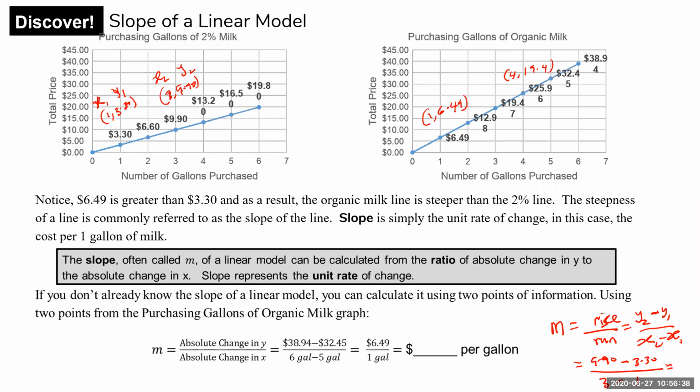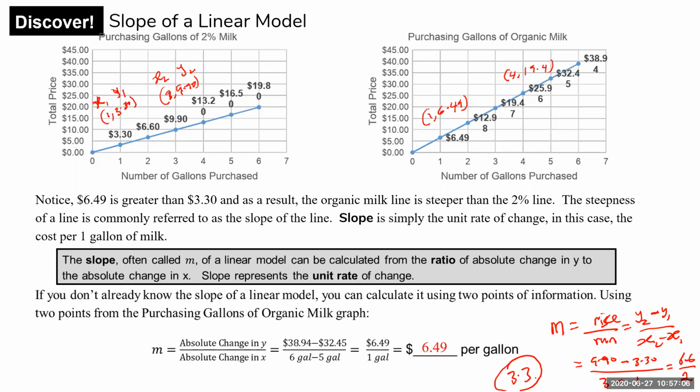That should give me what? 6.6. And this is what? 2. 6.6 divided by 2 gives me what? 3.3. So my M is now equal to 3.3 right there.